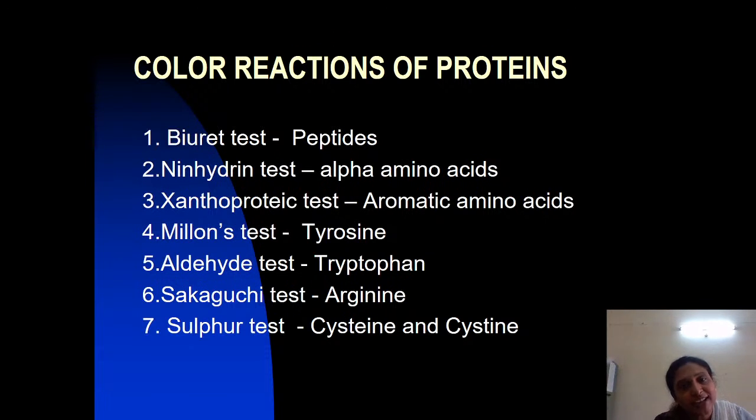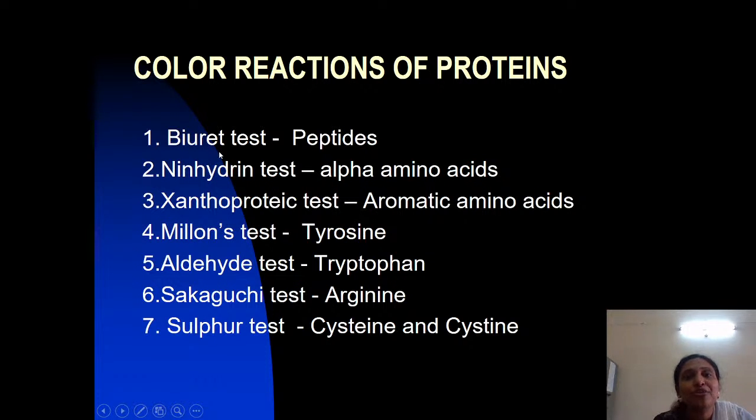Different colors are formed because of the presence of functional groups or peptide bonds, through which proteins react with various chemical agents and form color reactions. These are the examples of the color reactions.